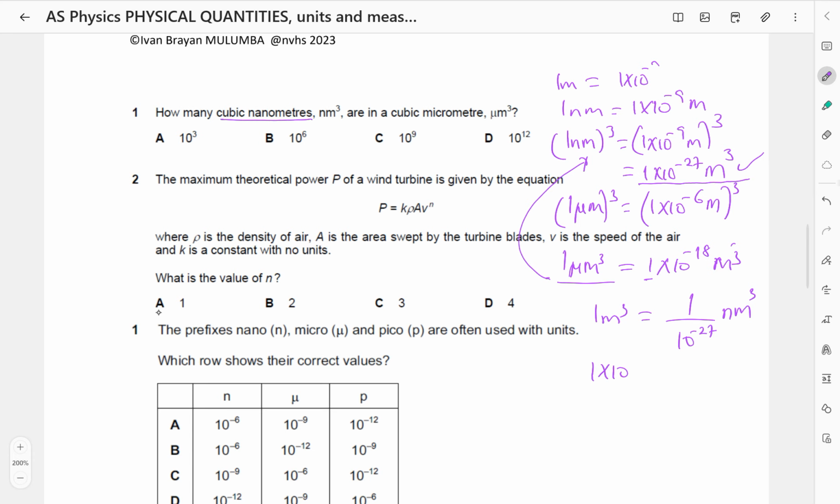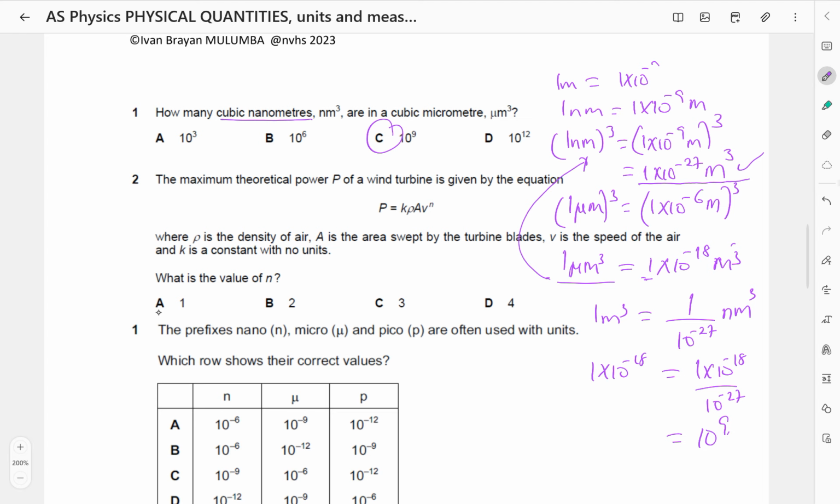So we shall have that, because I'm dividing both sides, 1 times 10 power negative 18 divided by 10 power negative 27, which gives us 10 power 9. So the answer is going to be C.